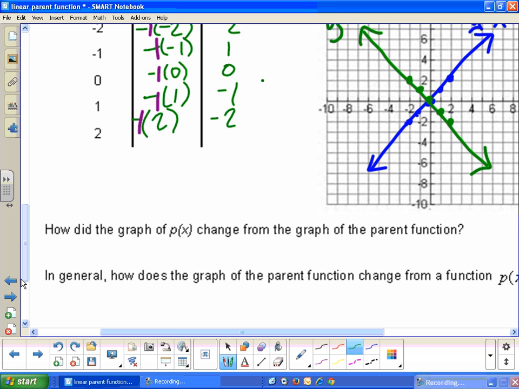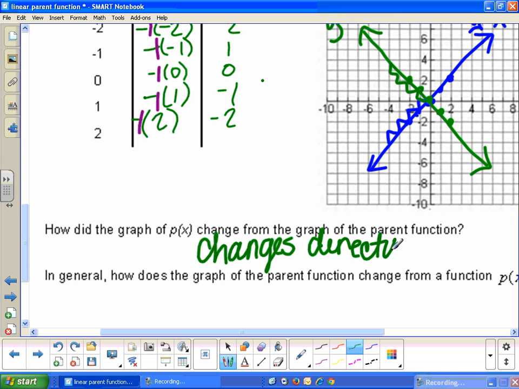Kind of. Think about this. If this one's going up 1 over 1, up 1 over 1, what's the other one doing? Right. So it's doing the opposite. So if you have a negative in front, it changes direction.